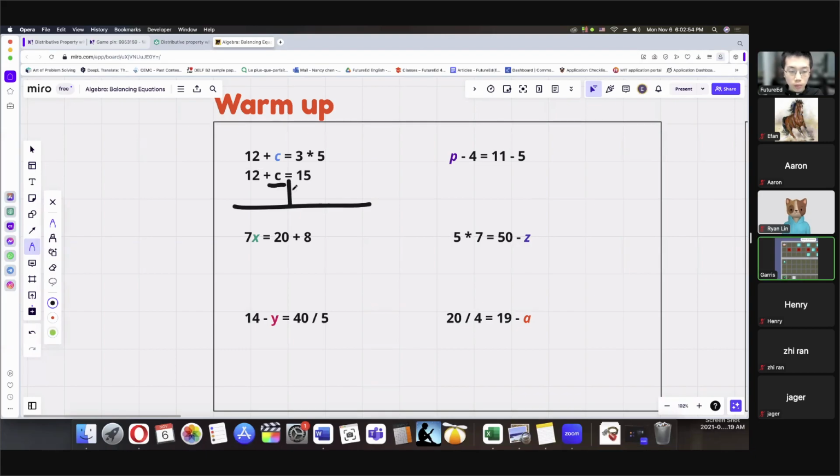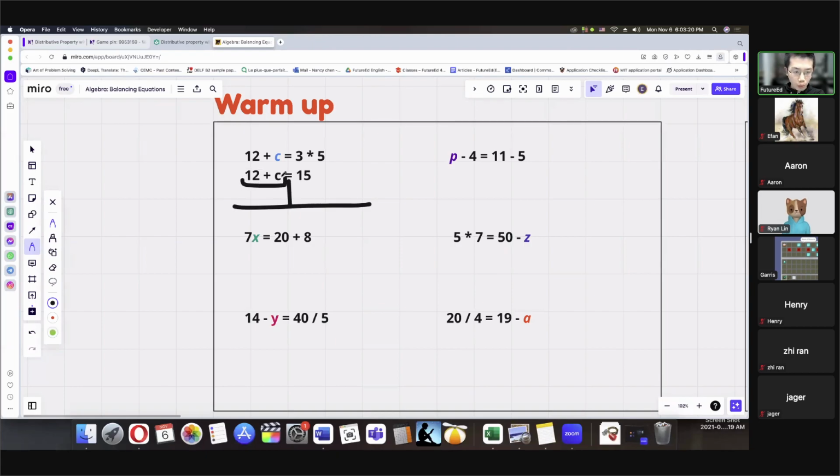So we put the C. So we put the 15 over there. Not exactly. So if we want to just have the C, what's being annoying right now?